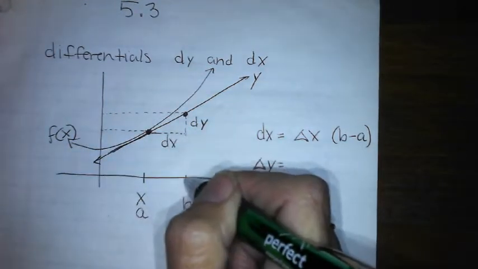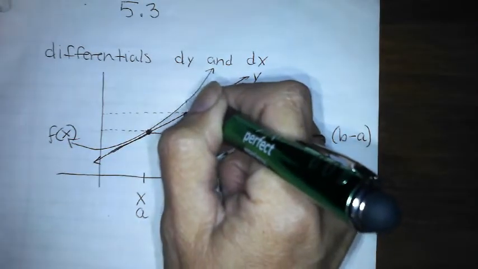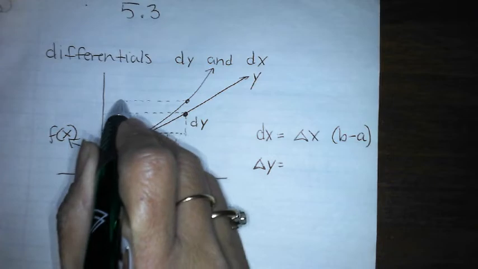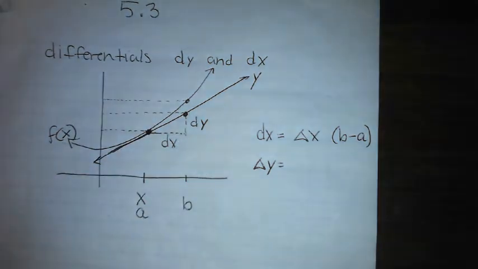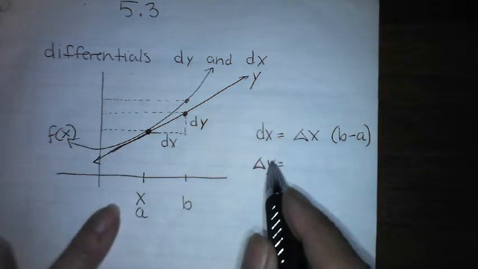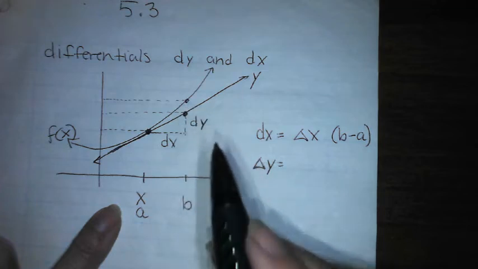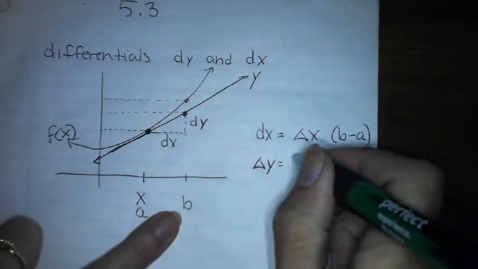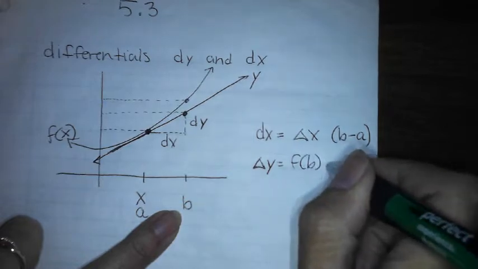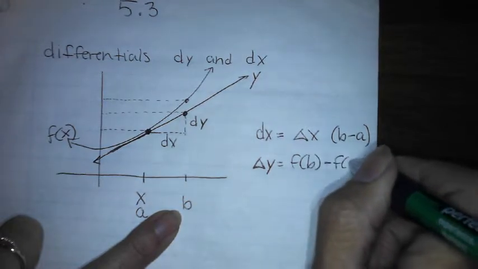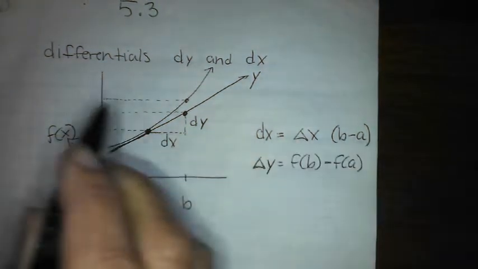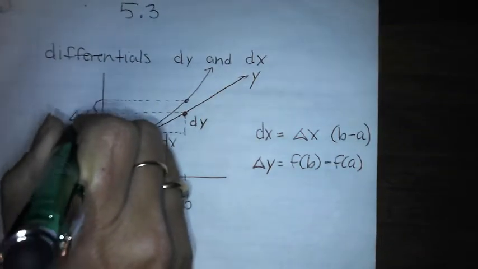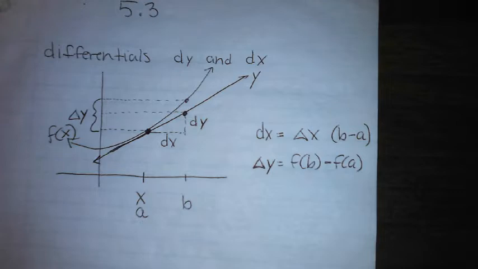But in this case, on the function, its y value is higher up. So delta y is the change in y values on the original function. So it would be f of b minus f of a. So it's the distance between these two y values we're going to call delta y, change in y.